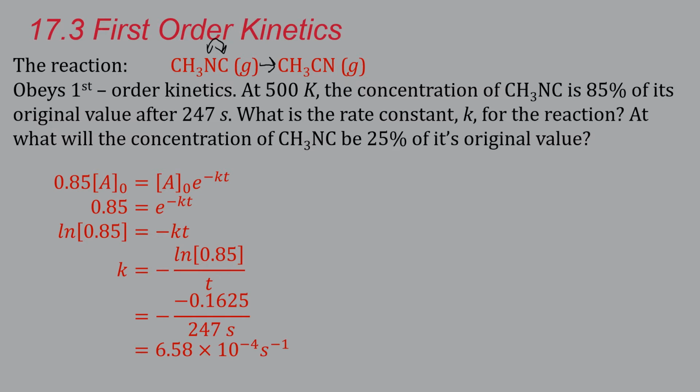So basically, the one thing that is useful in this is knowing how to deal with concentrations being talked about as percentages of the initial concentration. So all you need to do is, in this case, saying that it's 85% at a certain time, all that is saying is that A at t is equal to 0.85 of what it was initially.